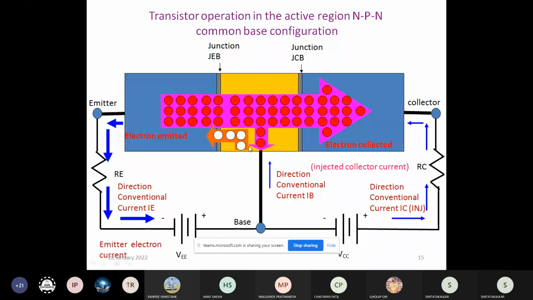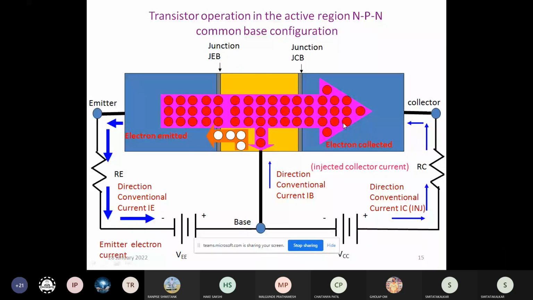This formation is known as the depletion region, and the depletion region is formed at the emitter base junction. But maximum electrons are emitted and flow through to the collector terminal. Here the last N region is the third terminal, where all the electrons are collected.